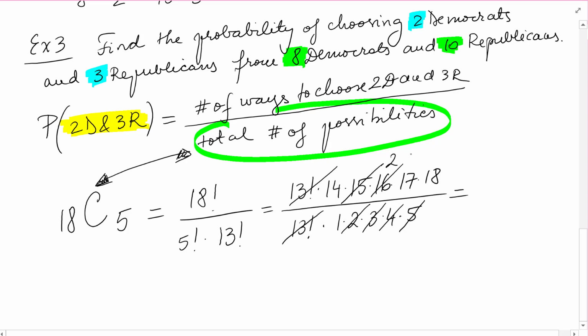So we get 14 times 2 times 17 times 18, which is 8,568.